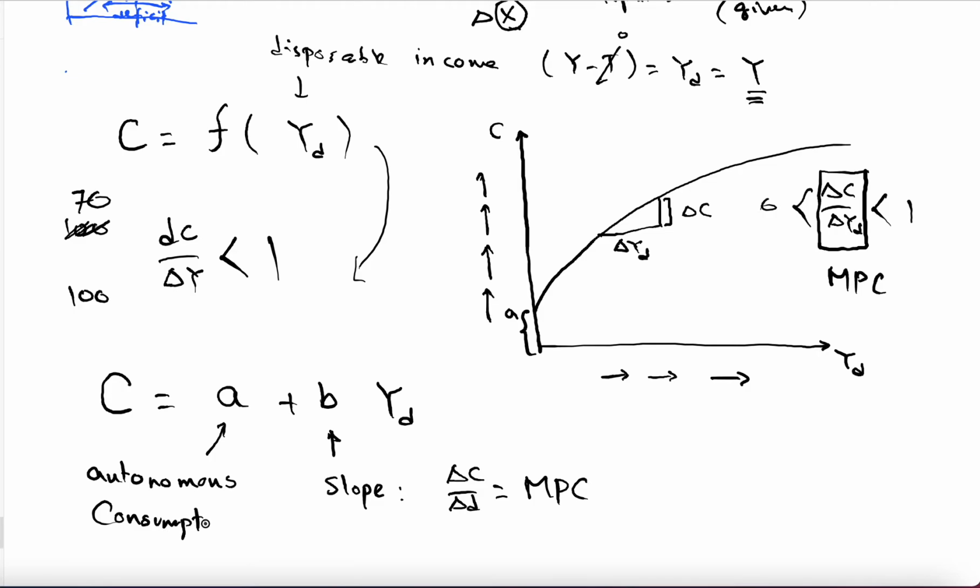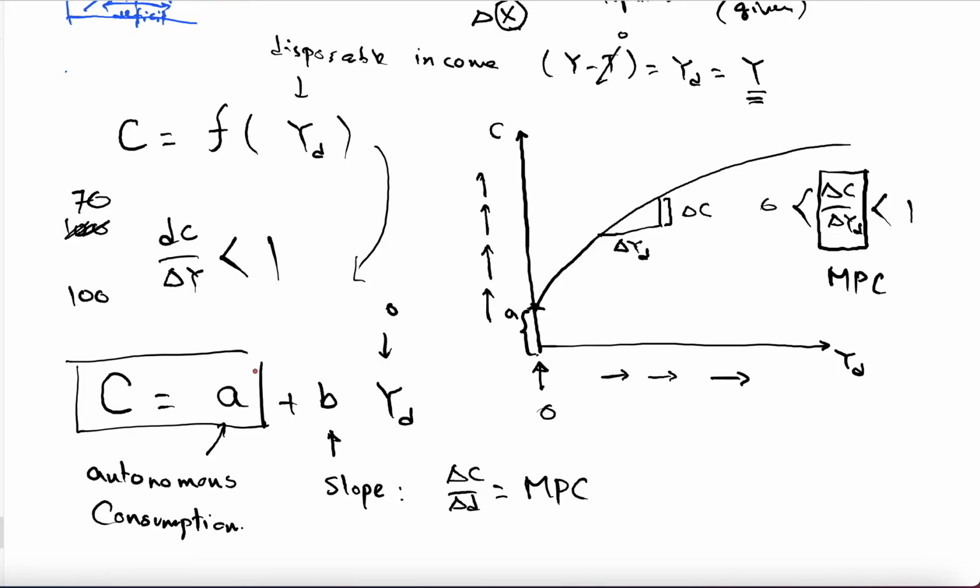There's a reason for calling it autonomous consumption: if we give the value 0 to income, the consumption is going to be equal to A. So at a level of income 0, how much are people consuming?